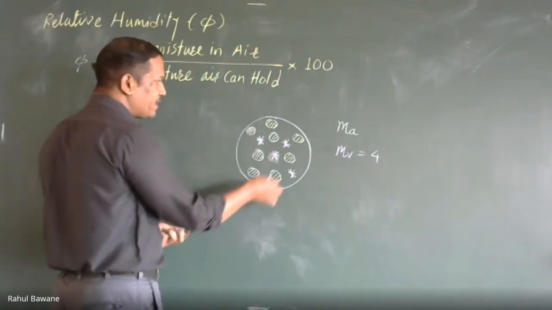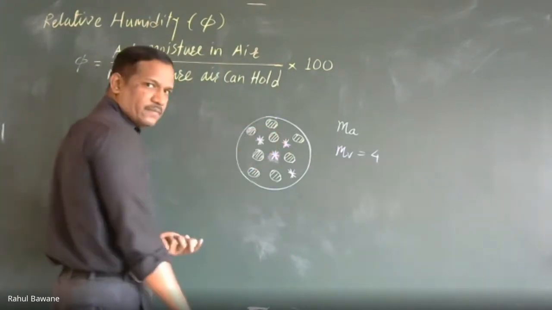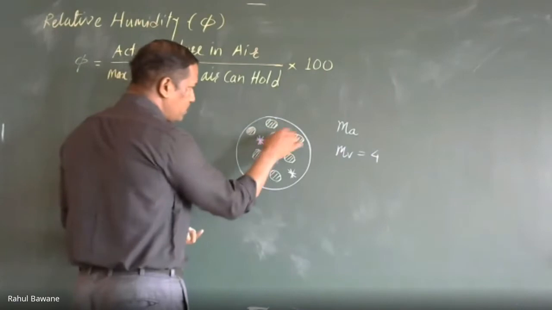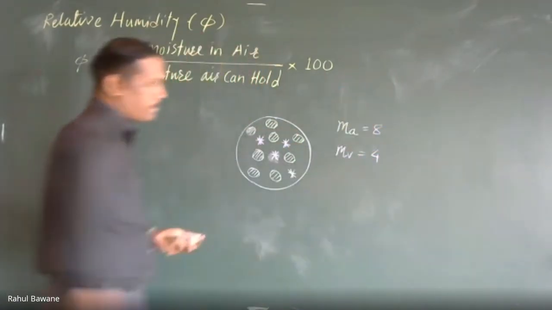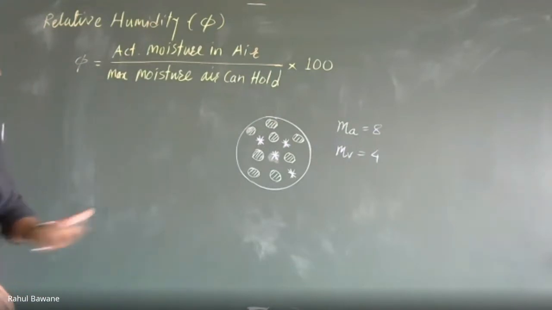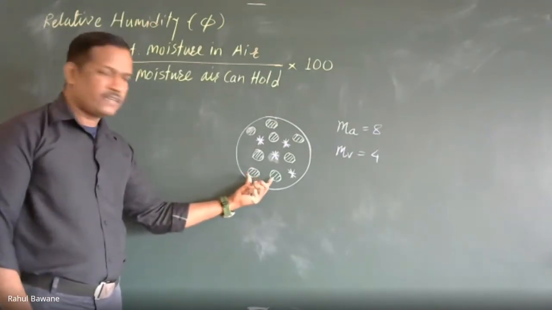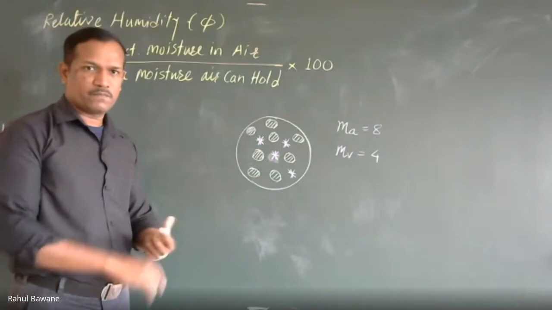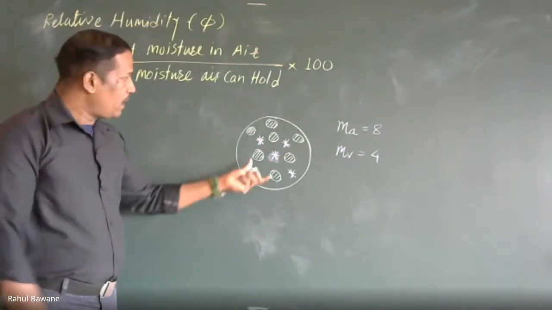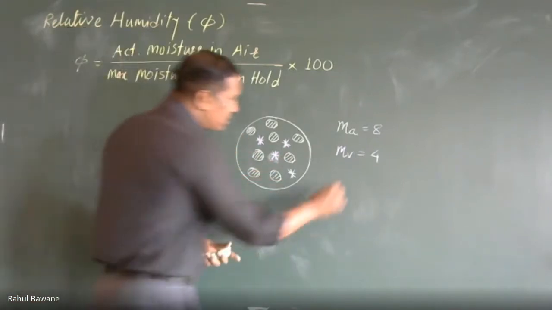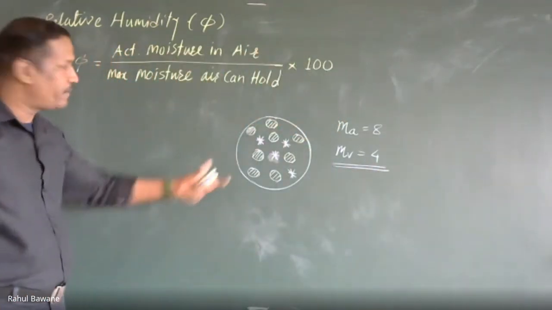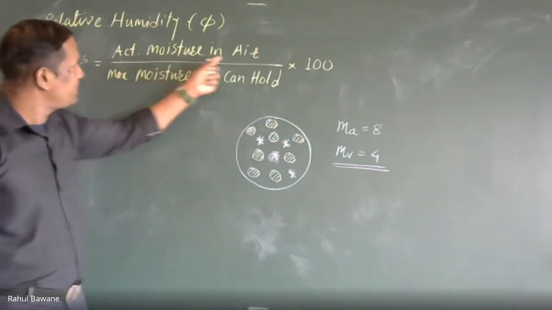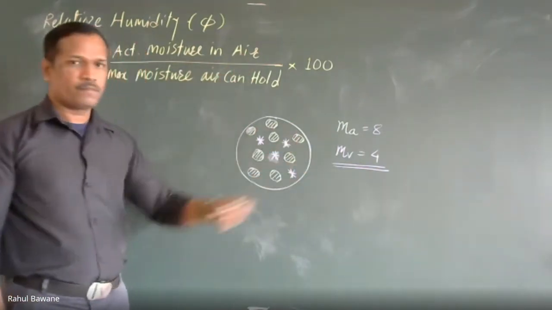Mass of dry air is shown by circles, 1, 2, 3, 4, 5, 6, 7, 8. So mass of dry air is 8. So this is the air mixture having dry air as well as water vapors. Now, this 4 water vapor count-wise is the actual moisture in this air.